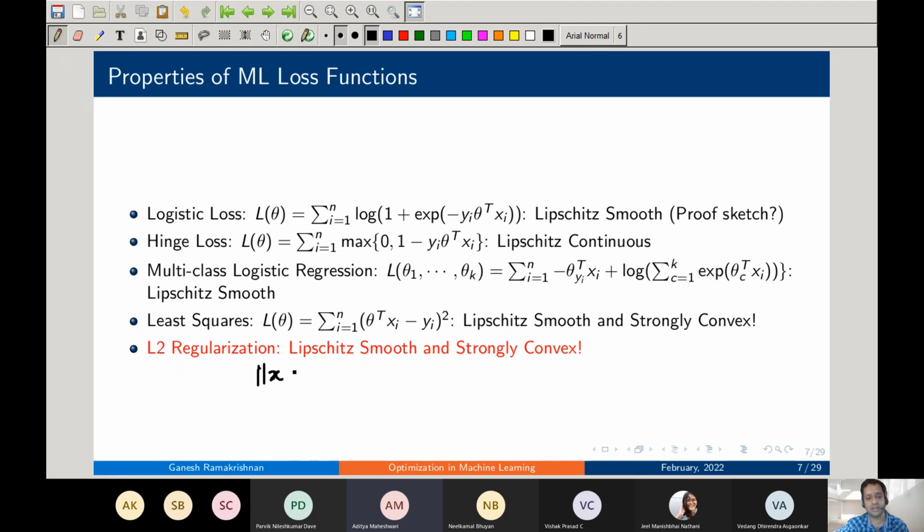So here, this is nothing but f of a linear transformation, the previous example, but now applied to the norm of x. The overall idea is the same argument.